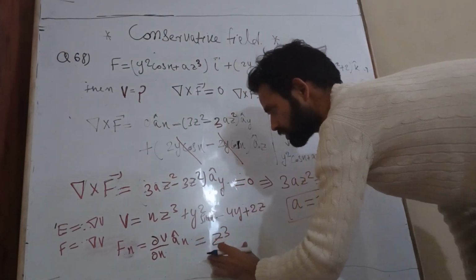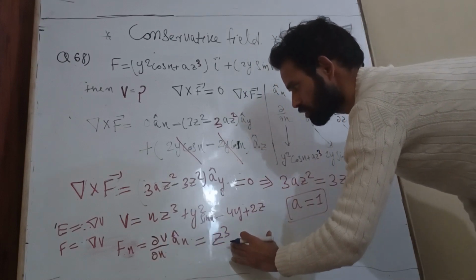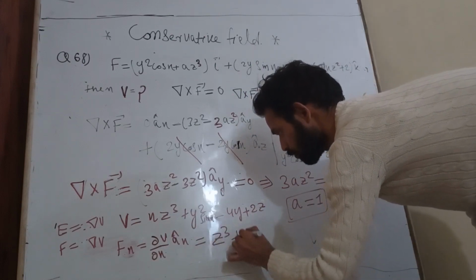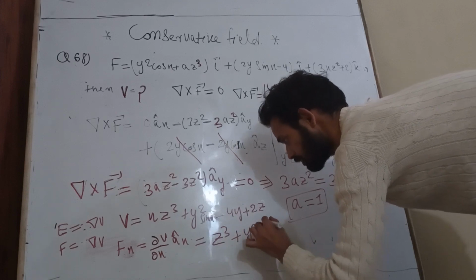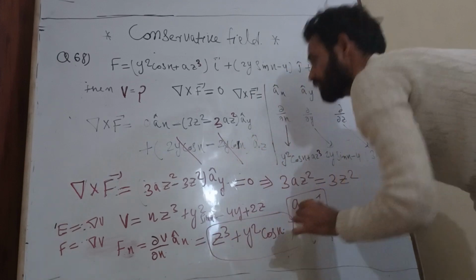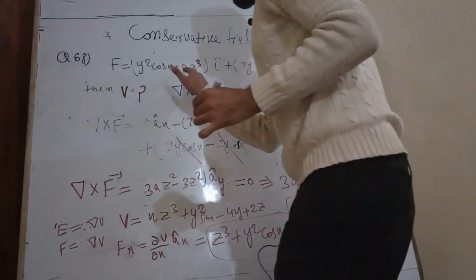When we solve this, we will get Fx equal to z cube plus y square cos x. Now you just compare this with this.